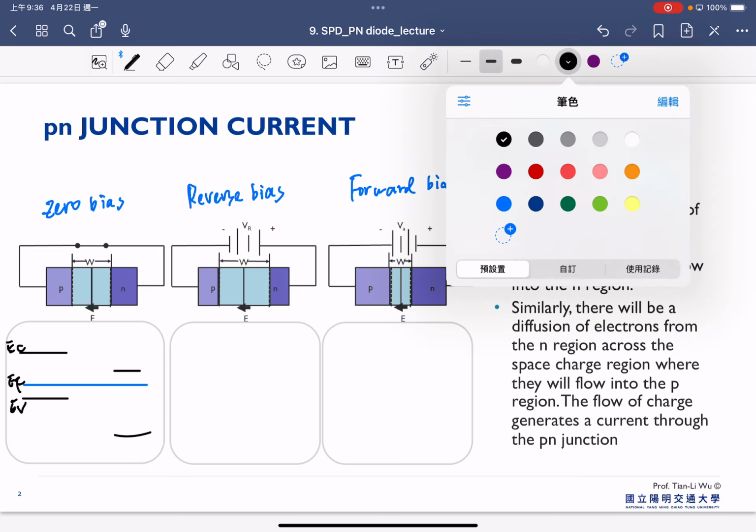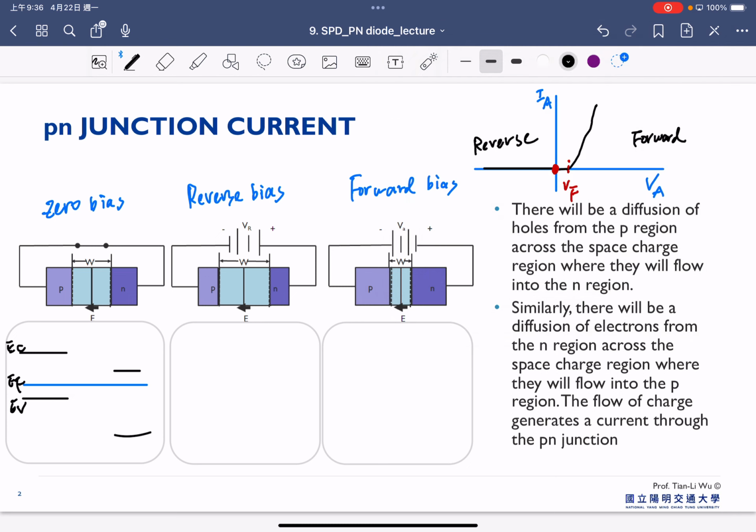Since this is one system, the conduction band and the valence band should be continuous, so we have this shape, as we already showed in the last lecture. The difference across this gap is usually called the potential barrier, the built-in potential barrier, or the built-in voltage, as shown here. So this is the case under zero bias.